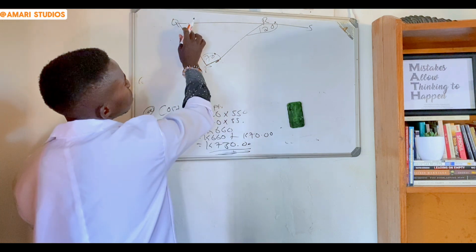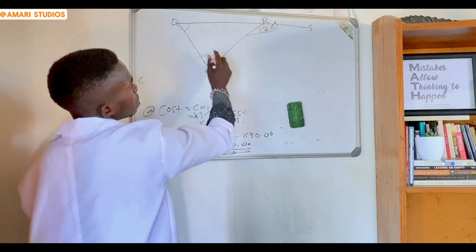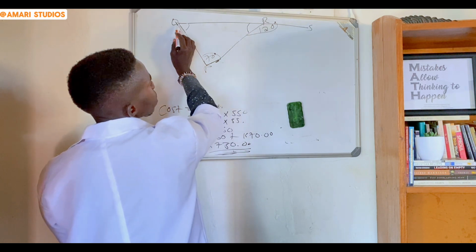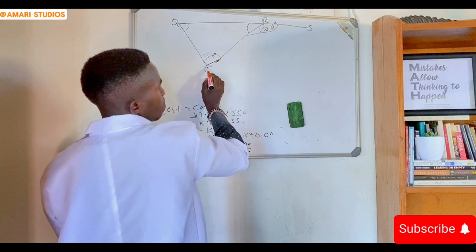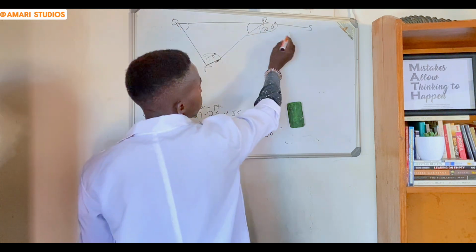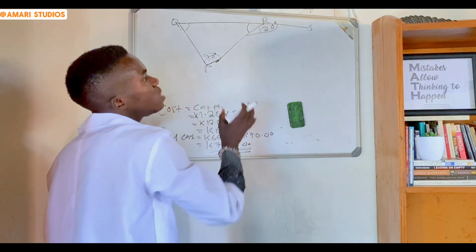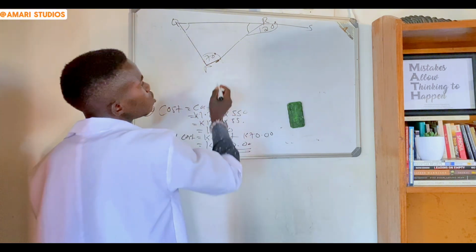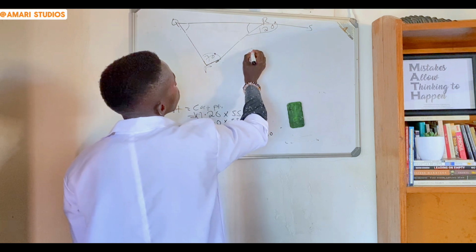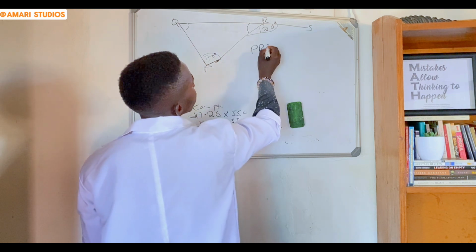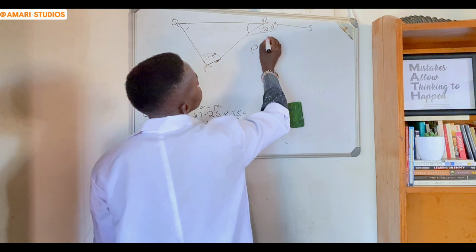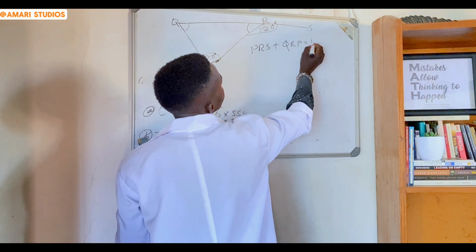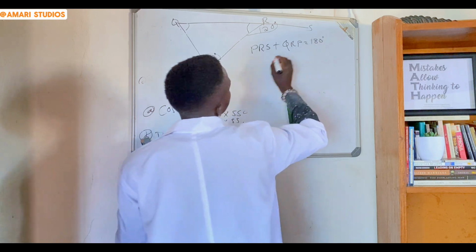For us to find this angle, we're supposed to find the angle at R, specifically QRP. As you can see, QRS is a straight line, so the angles in a straight line always add up to 180 degrees. So angle PRS plus angle QRP is equal to 180 degrees.